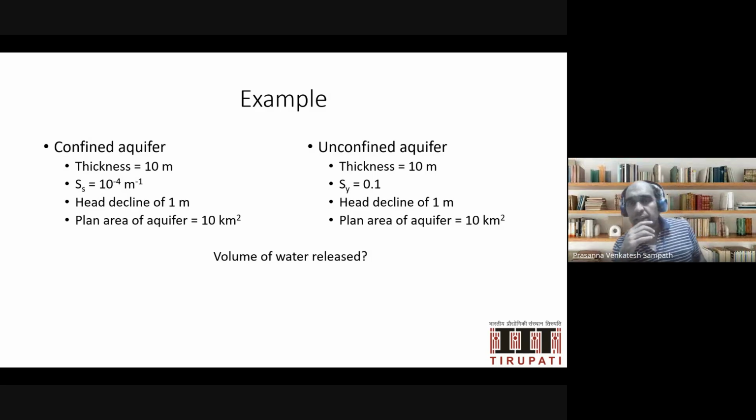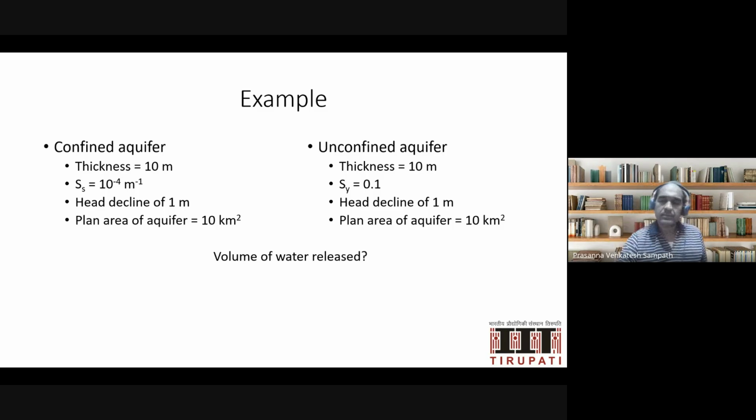Can we just quickly calculate the volume of water released? How do you find out the volume of water released? You just have to go back to your definition of specific yield. What is specific yield? Specific yield is volume of water released per unit area per unit decline, right?